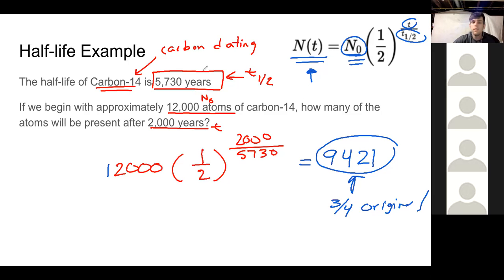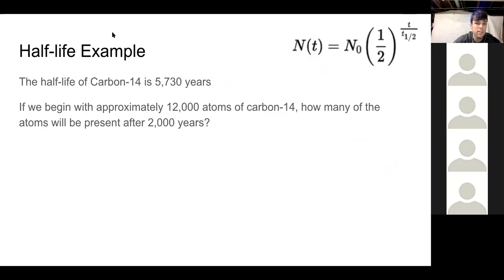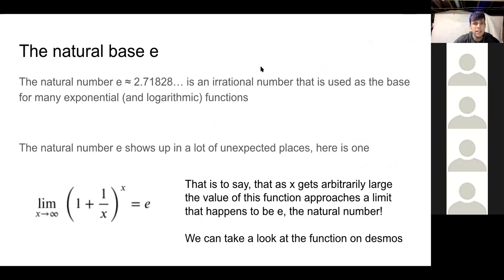So the use of these formulas is more interesting when we're solving for them rather than substituting values in and calculating. And in order to solve for them, we need to know stuff about logarithms. So that's going to be the next idea that we'll get into.